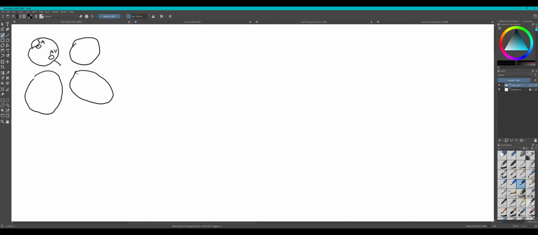Okay. So we have a right bundle branch. This is the right bundle branch. And then we have the left bundle branches, but that's actually split into a loop. And they meet here. Collectively, this is the left bundle branch.